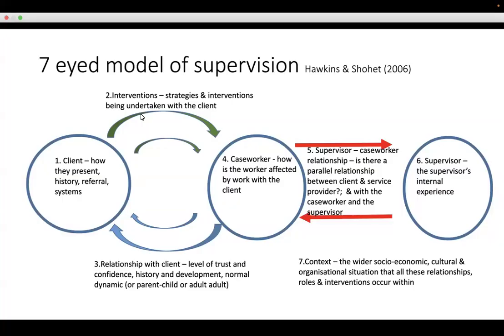So you might see the supervisor asking you how you would describe your relationship with the client. Would you describe it as a two adults relationship, an adult to adult relationship, or would you consider it as you being the adult or the parent and then the client behaving like your child, and those kinds of things. And in many cases, metaphors might be used to get to understand the relationship with your client and what happens whenever you are in contact with the client.